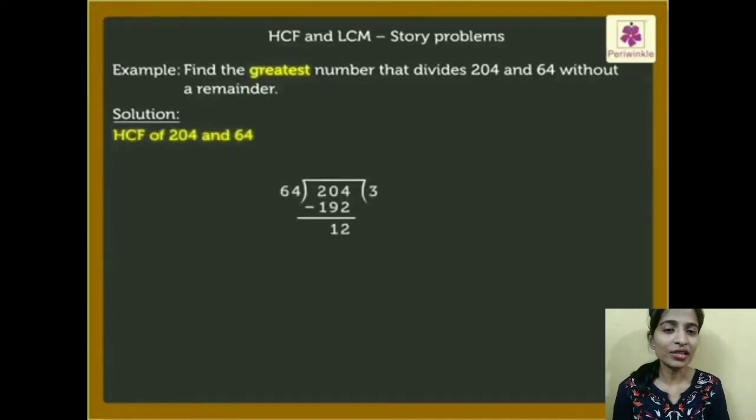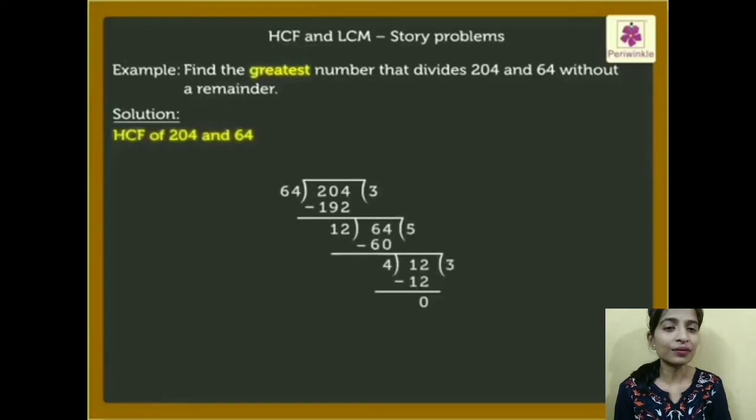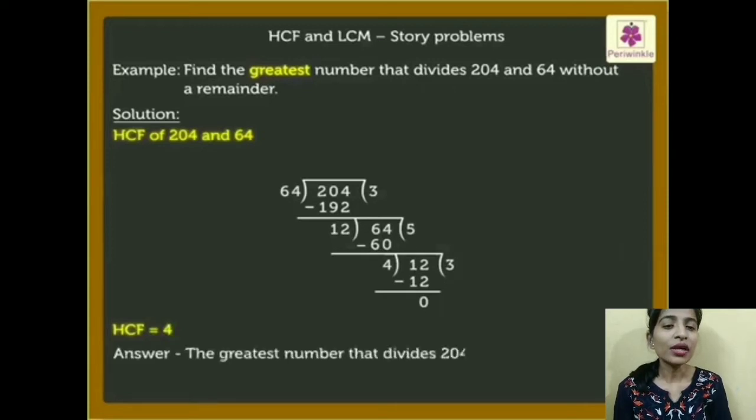Let us find. We can use any method to find HCF. Its HCF will be 4. It means the greatest number that divides 204 and 64 without a remainder is 4.